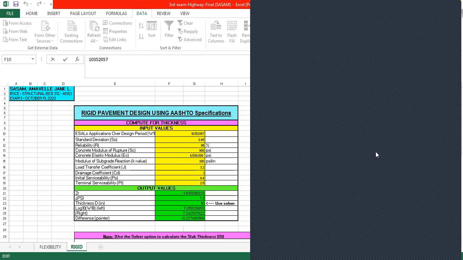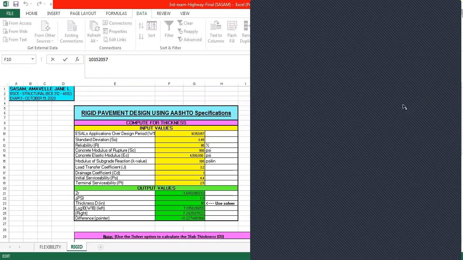So the SC 900 here in the given, 0.45 for the SO, 4.5 million PSI for the EC or elastic modulus, and 900 for modulus of fracture.